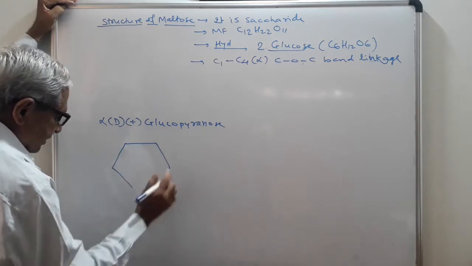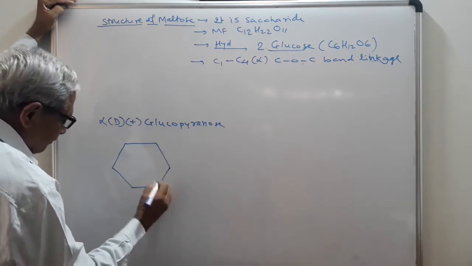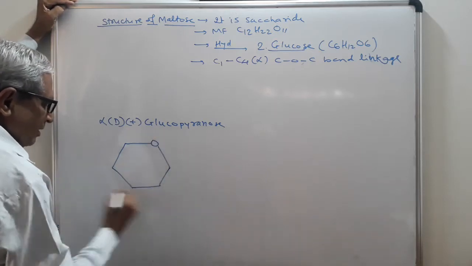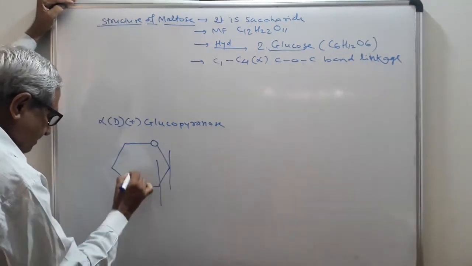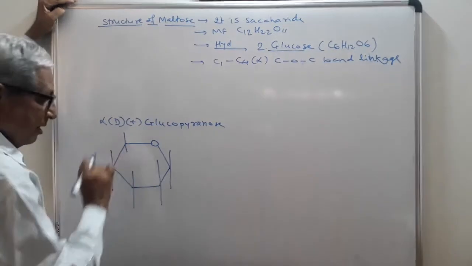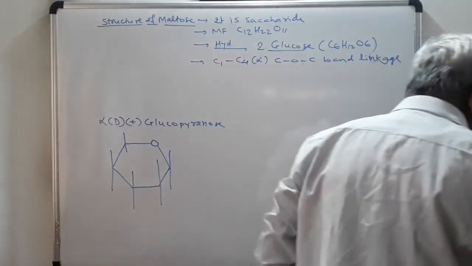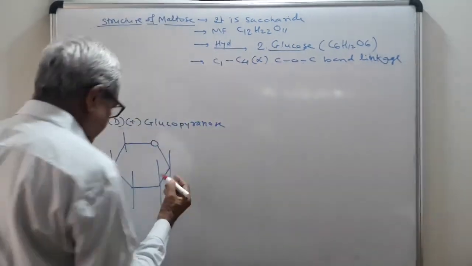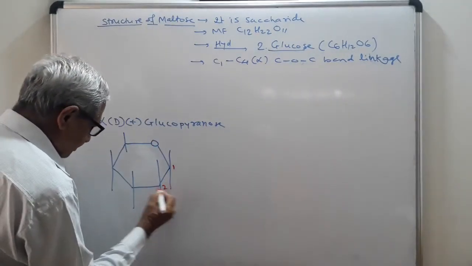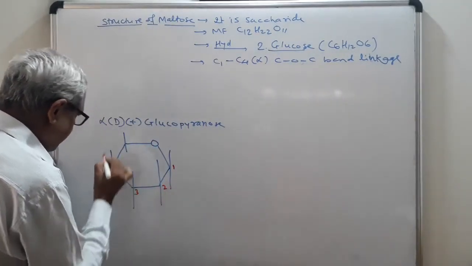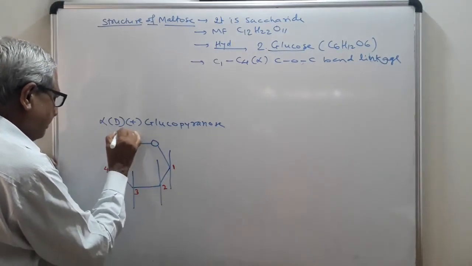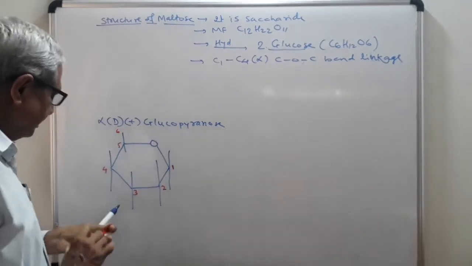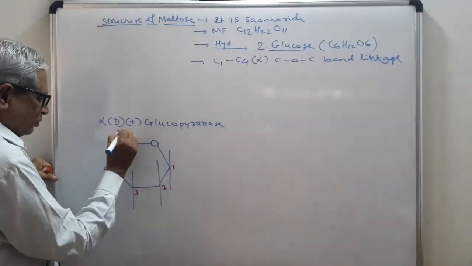Indicate the oxygen atom at the right hand side top. Then number the carbons 1, 2, 3, 4, 5. Carbon number 6 is here. That is, carbon number 6 is a CH2OH group.